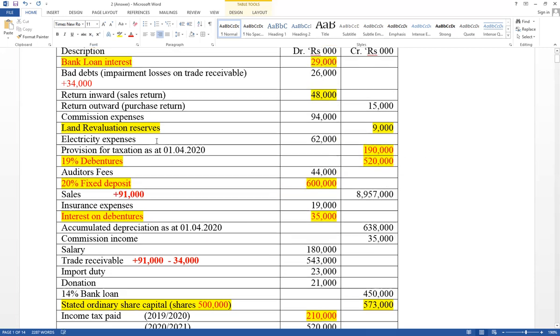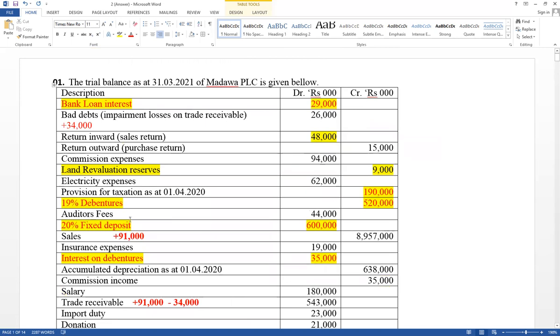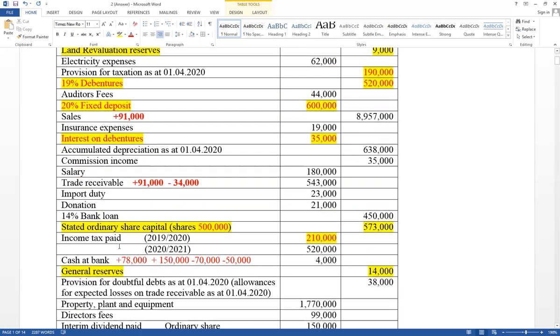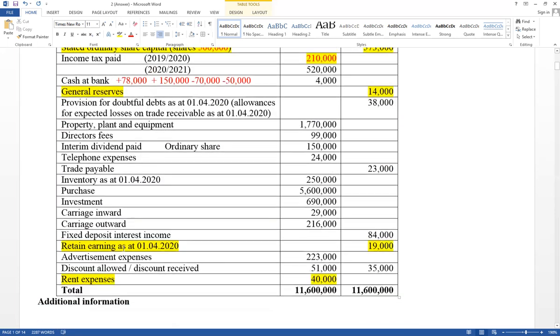As well, the trial balance has given fixed deposit interest income. Fixed deposit interest income available in the trial balance is 84,000. That is a value received in cash. FD interest received in cash, 84,000.